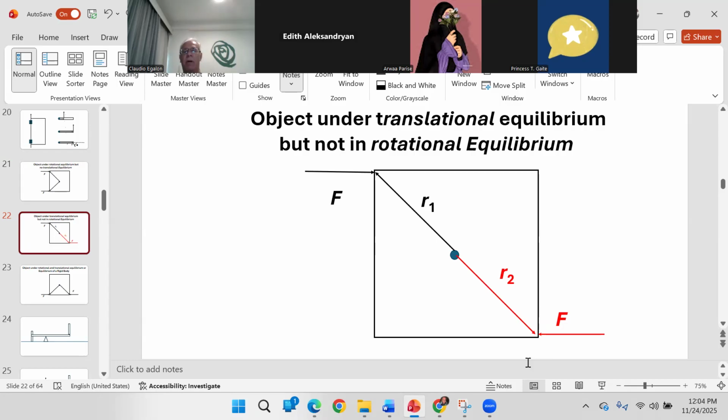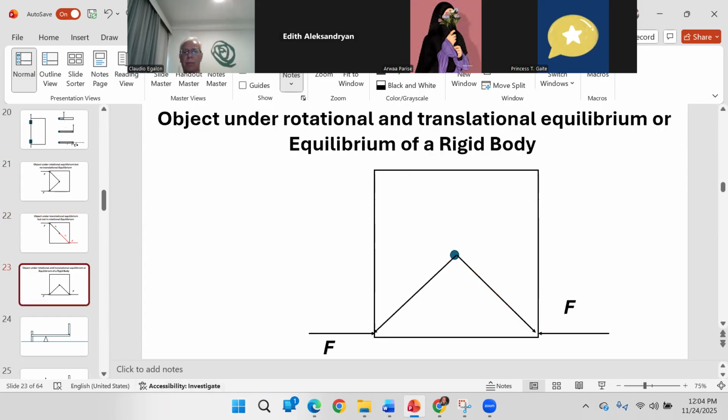However, it is going to rotate, because this force is impinging a clockwise torque on this object, and this other force will enforce this clockwise torque. Consequently, this object will become angularly accelerated. So it is in translational equilibrium, but not in rotational equilibrium, because it has an angular acceleration.